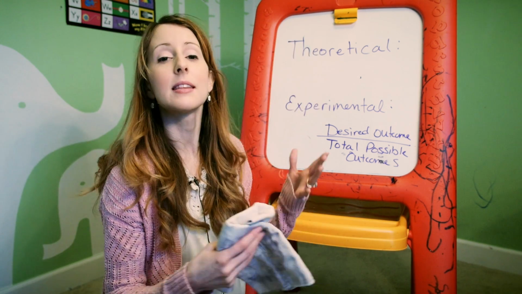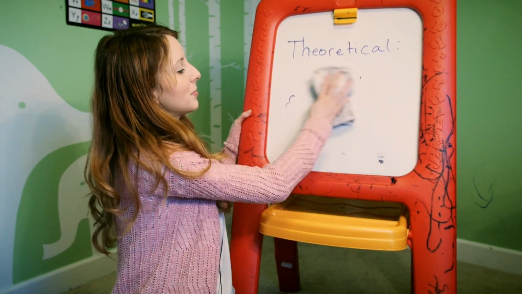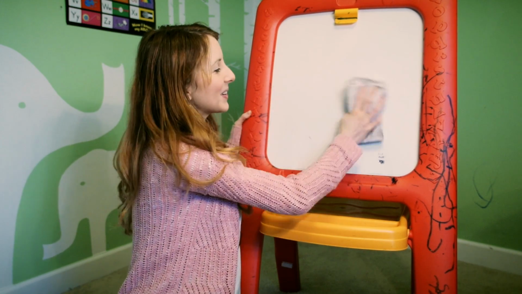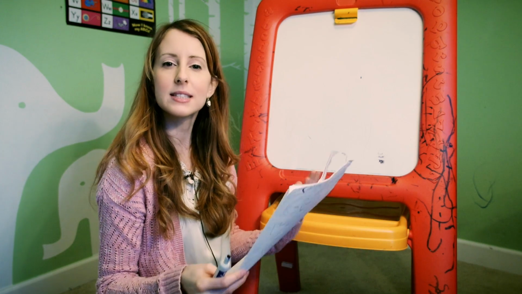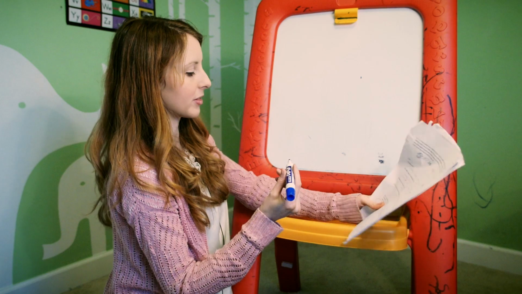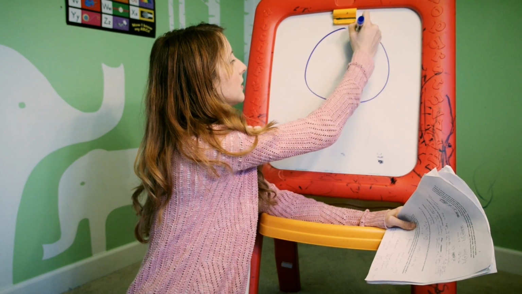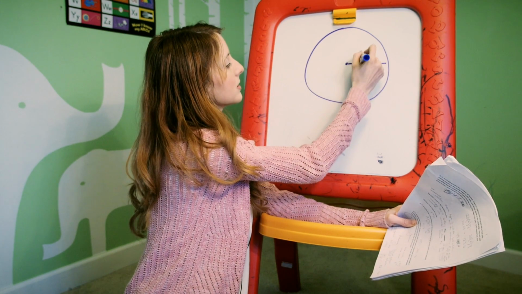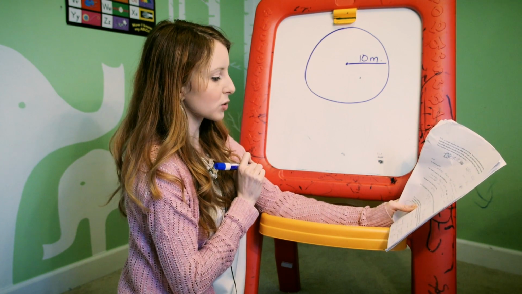Okay, so rather than sending you to this theoretical pond and making you count maple seeds that float over it, we're just going to come up with the theoretical probability of this happening based on the sizes of those shapes. So let's start with the pond. We have this big pond, and that pond has a radius of 10 meters. And then in the center of the pond is a square island.